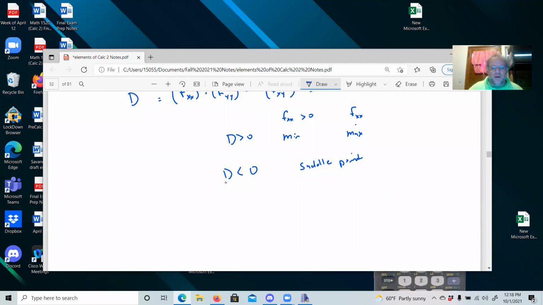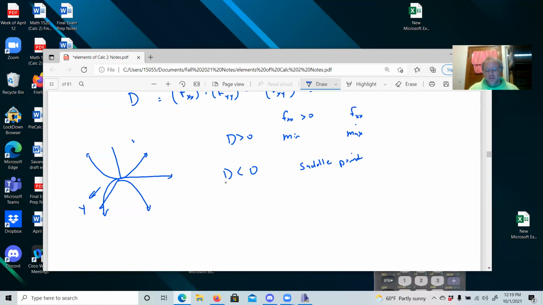Saddle point means you've got some kind of function going like this in your x direction, and you've got a thing going like that in your y direction. Something like that, so you could fit on a saddle. The PowerPoints have a much better drawing than I do.